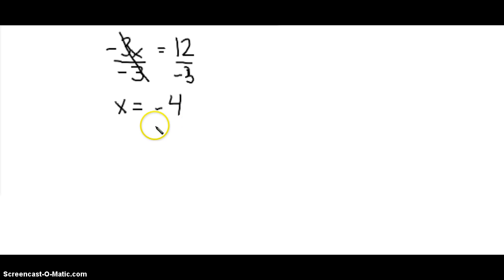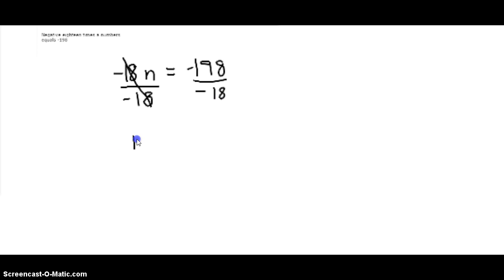Another example, if we had negative 3x equals 12, I divide both sides by negative 3, I'll get 1x is equal to negative 4. So I know that x is equal to negative 4.